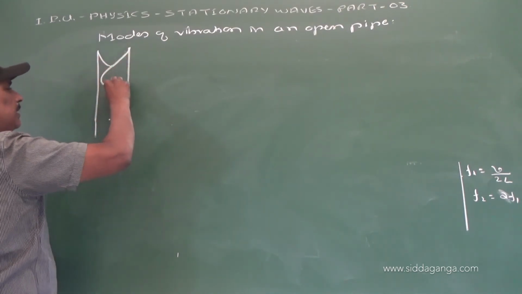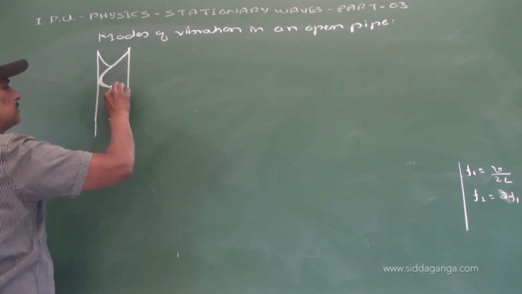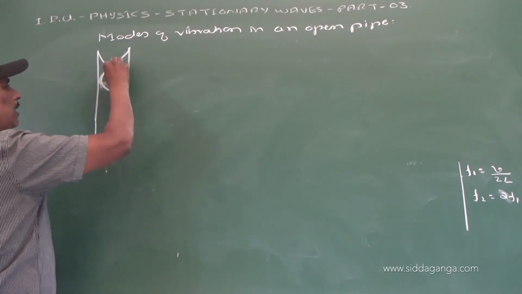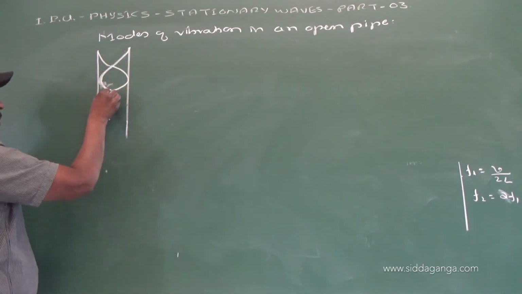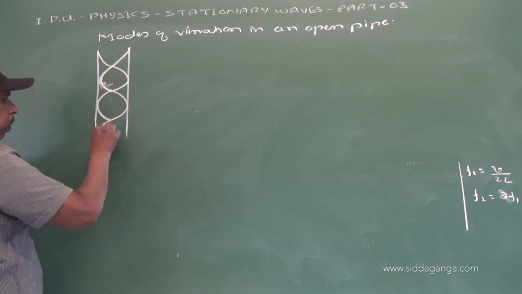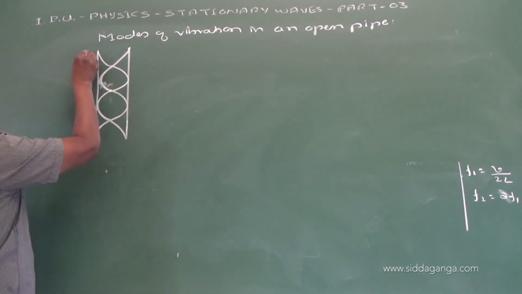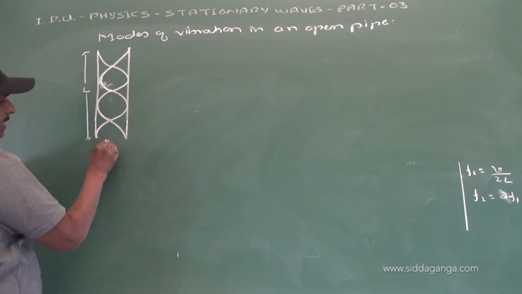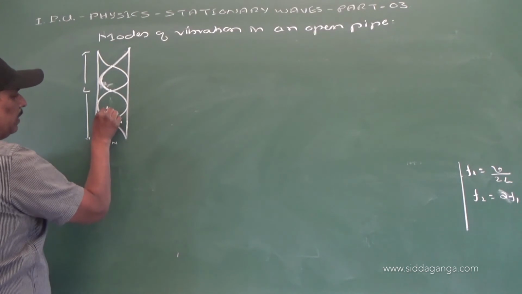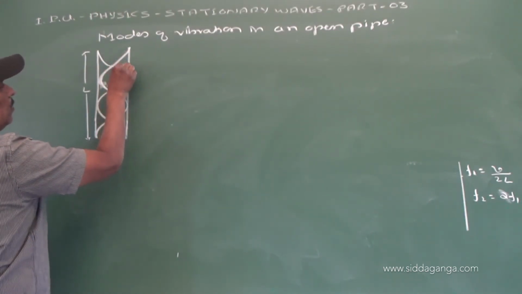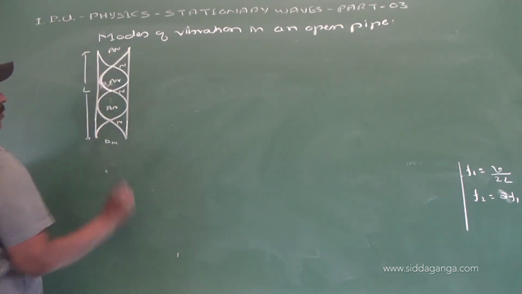The pattern will be like this. This is length L: antinode, node, antinode, node, antinode, node, and antinode.